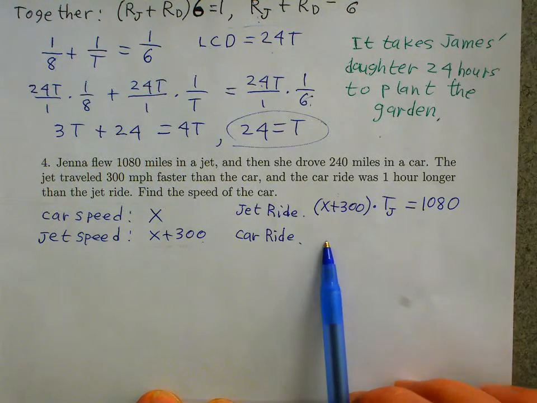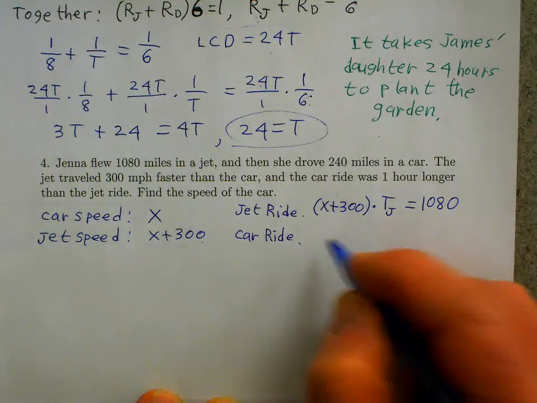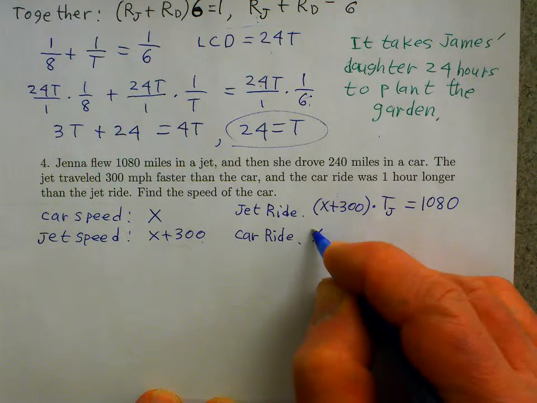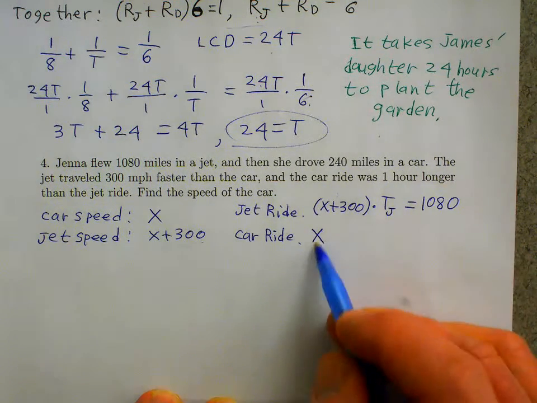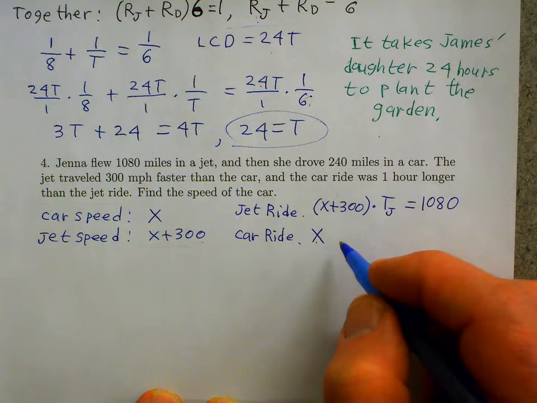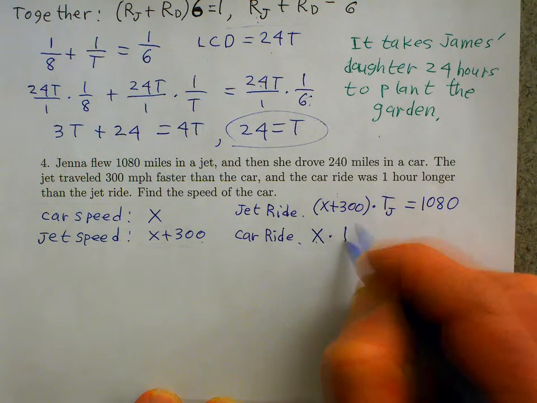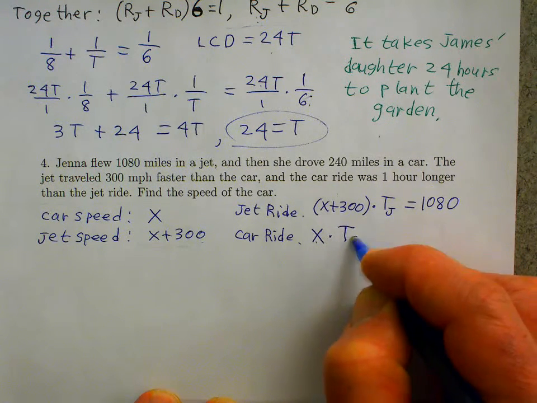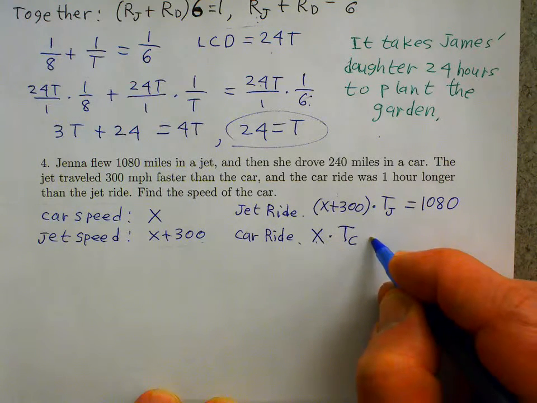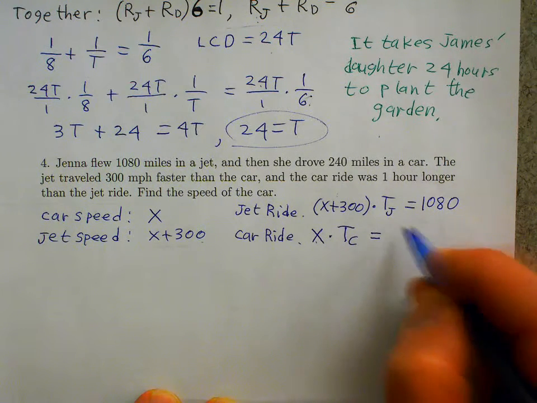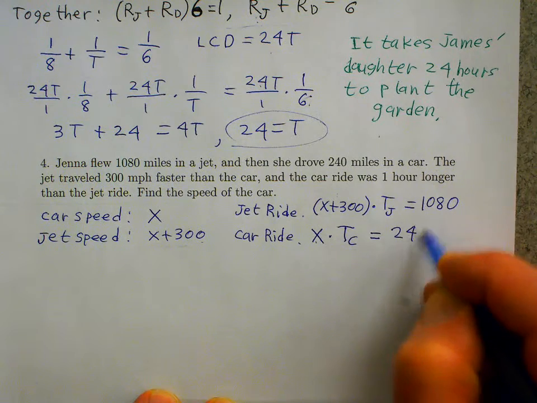And then the car ride, the speed when driving the car was x miles per hour. And it took a certain amount of time. We'll call it t sub c. And the distance traveled by the car was 240 miles.